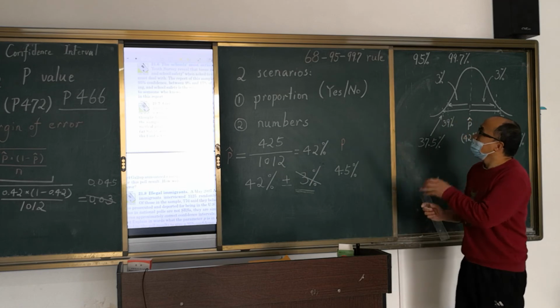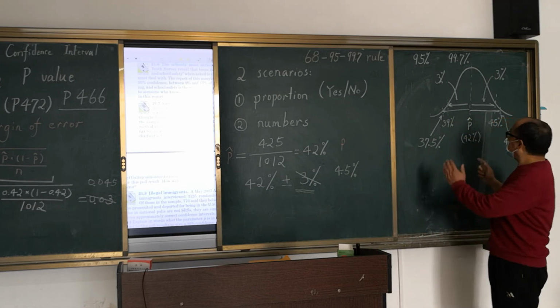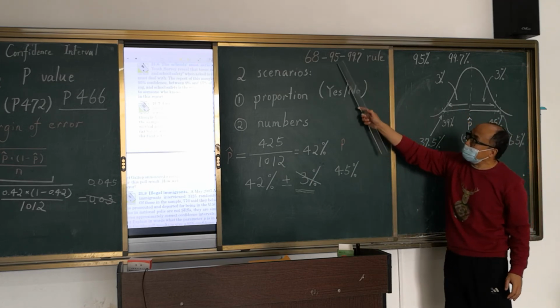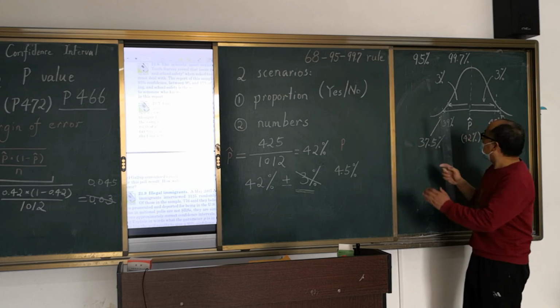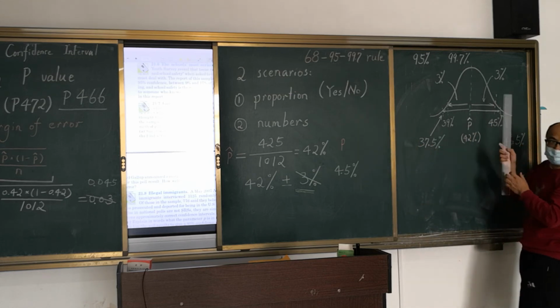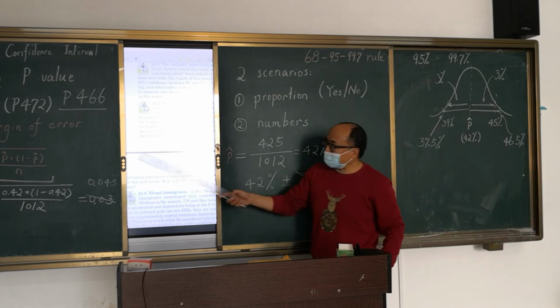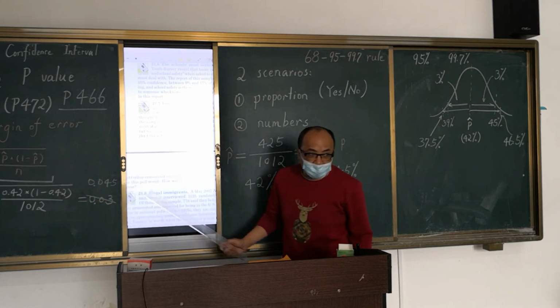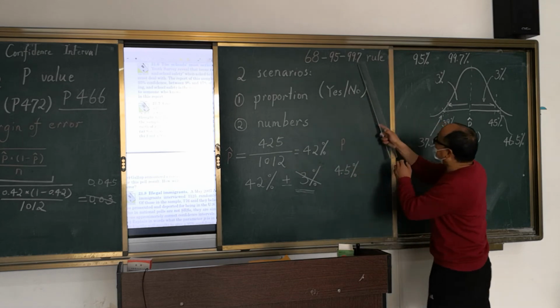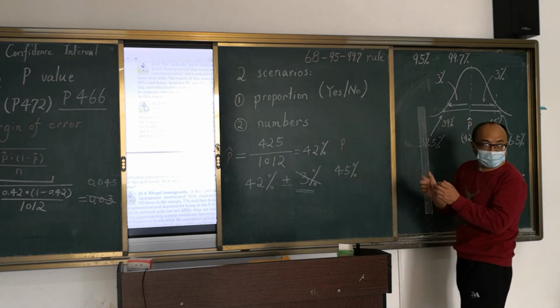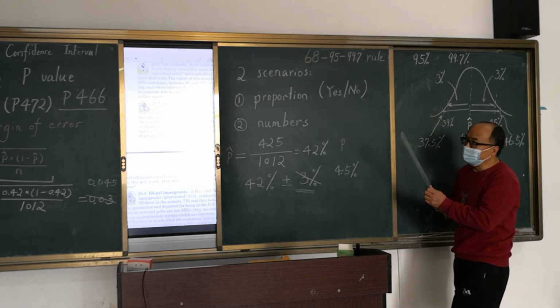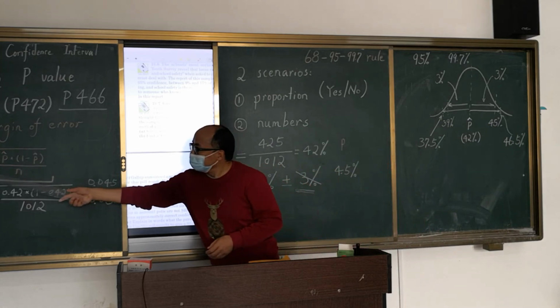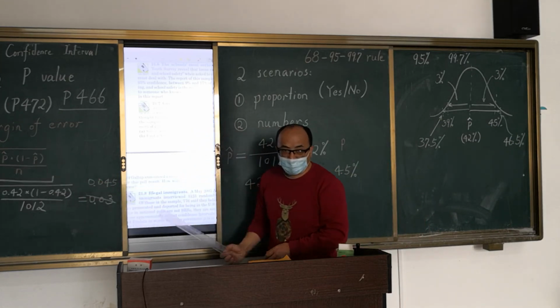For 95%, that's a 2. We need 2 times the standard deviation. For this, we need 3 times the standard deviation. Z is a 3.